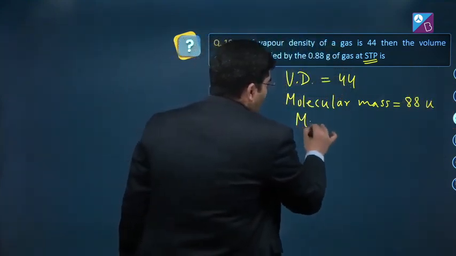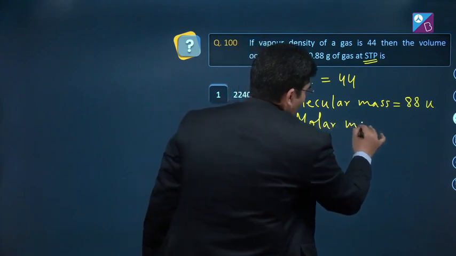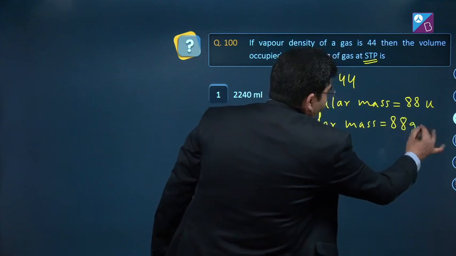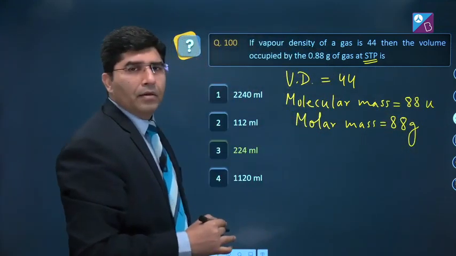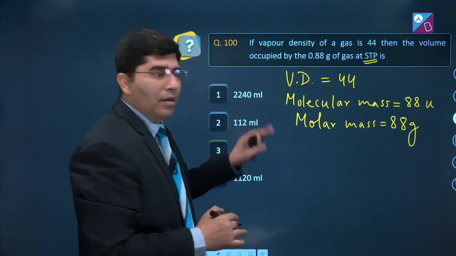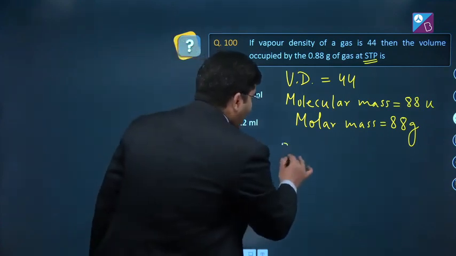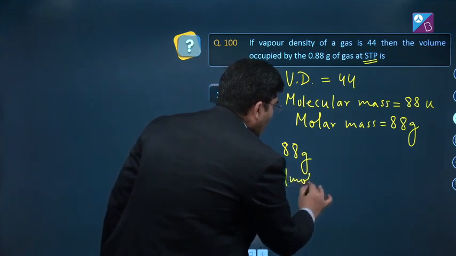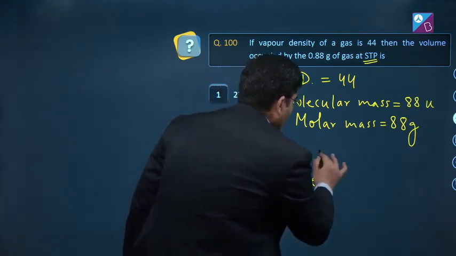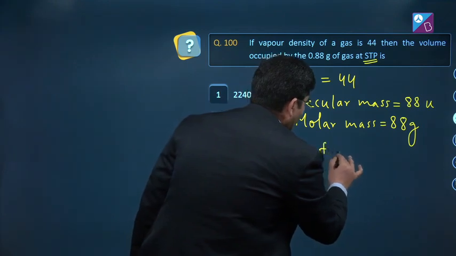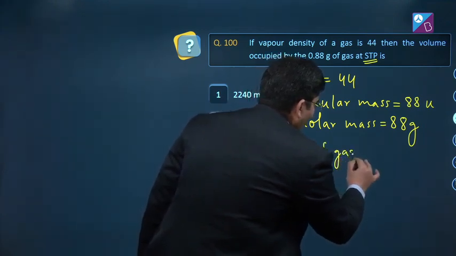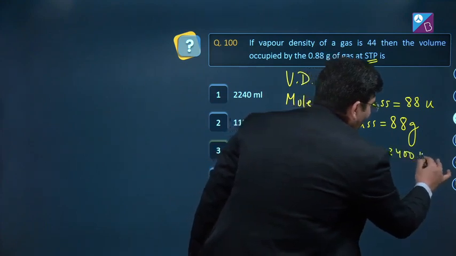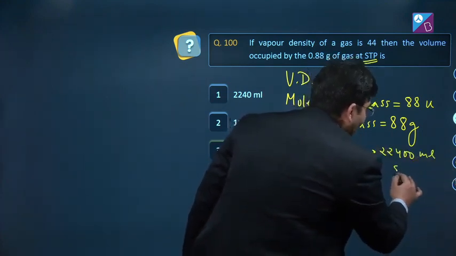Then molar mass will be 88 grams, right? So this is the molar mass. Can I say that 88 grams means 1 mole of the gas will occupy 22400 ml volume at STP?